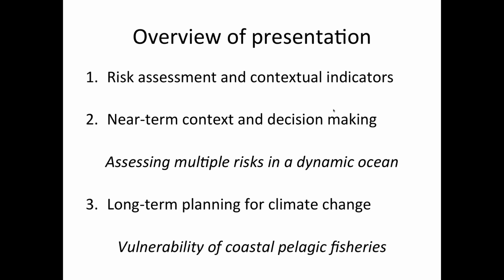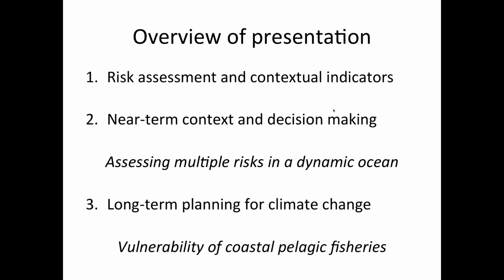I'll turn the slides over to Elliott at that point, and he'll be talking about assessing multiple risks in a dynamic ocean. Just to flag this, I think the way it relates to the fishery ecosystem plan is in the context of thinking about ecosystem effects of fishery removal. So hopefully that will prove useful.